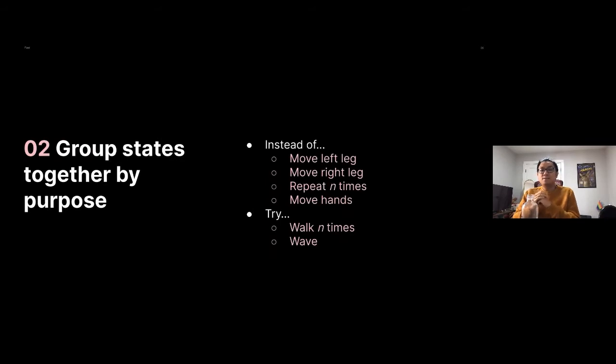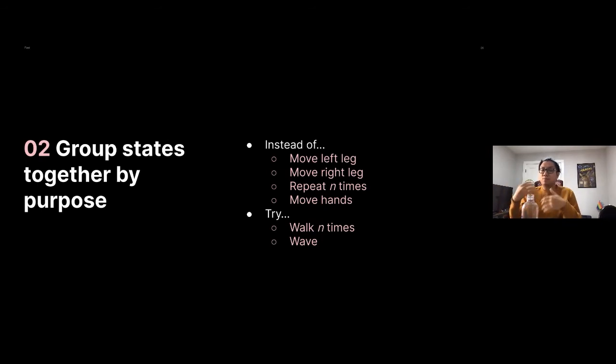The other thing, that kind of ties into what we talked about before and is similar to the business flow, is that you want to group the states. You want to group the states in the workflow together by their purpose, by their form, not the function. So here are two things you can do, right? These are two scenarios.